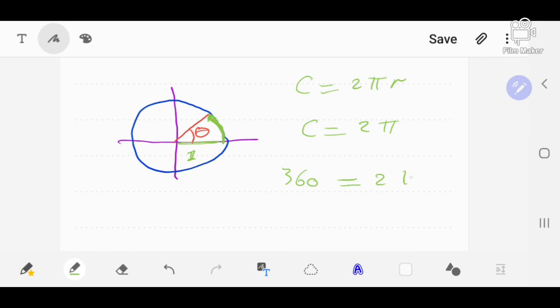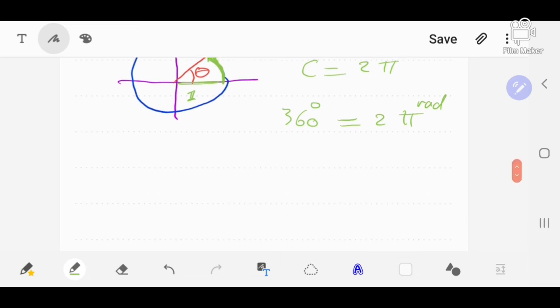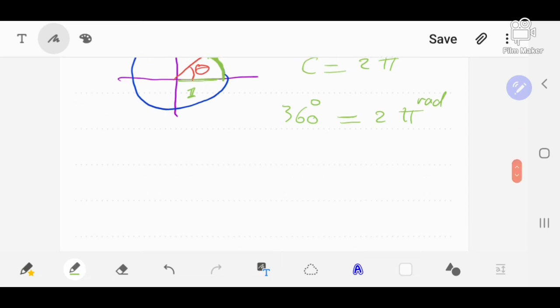So since 360 is 2 pi, this means that 180 will be what? 2 pi divided by 2, which is pi, and so on. If I want 90, that will be pi over 2. Well, what does this mean? Does that change the value of pi? Actually, no. Pi will always be 3.14. It will never be changed. We know that it's an irrational number.